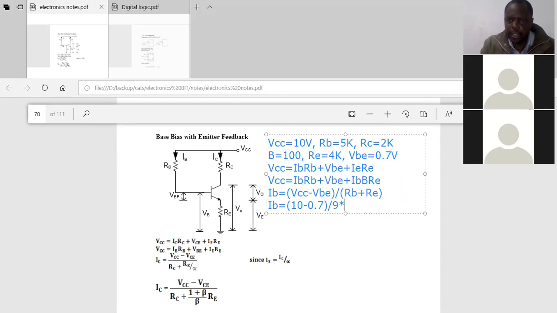Yes, 5 plus 2. You're adding RB plus RE, not RC, unless you change the value of RE to 2. Max, which one did you take to be 2? Was it RE or RC? RE is 4, so it's 9. Okay, RC is 2.